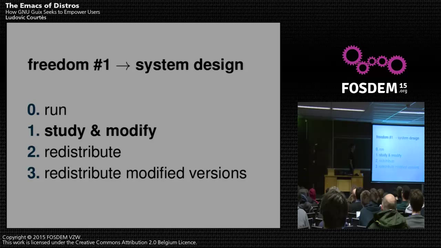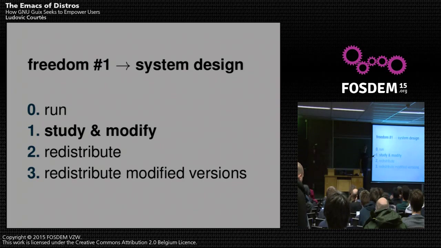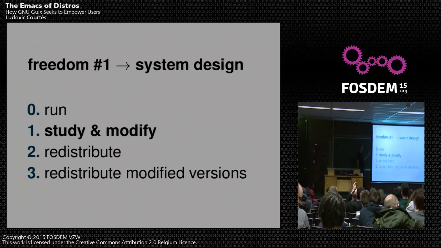But now, what does Emacs do to help with that? Well, what we can do from a technical viewpoint is to make the first freedom more practical. So the idea for Emacs is basically you take freedom number 1 and you map it to a concrete system design. So that's what we're trying to do with the Guix package manager.